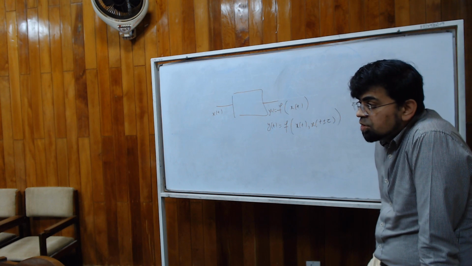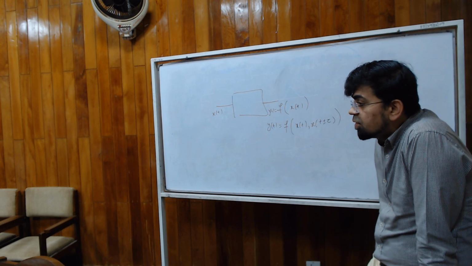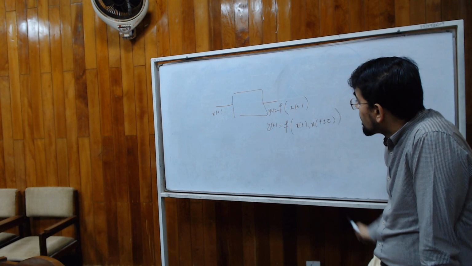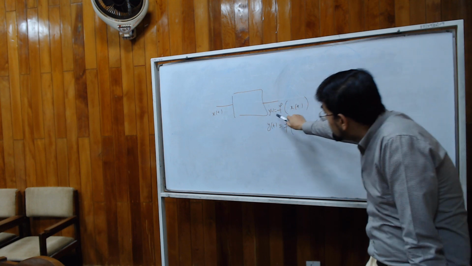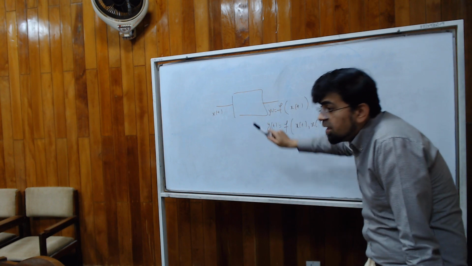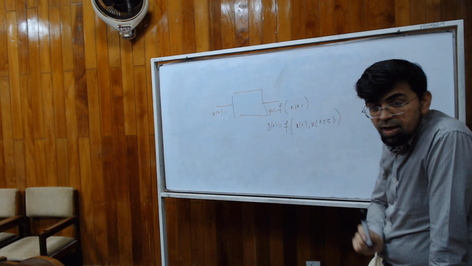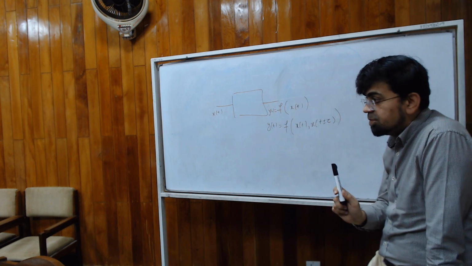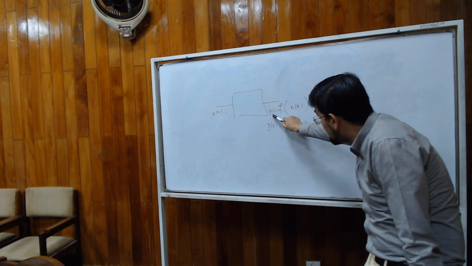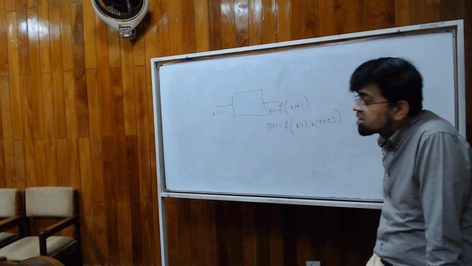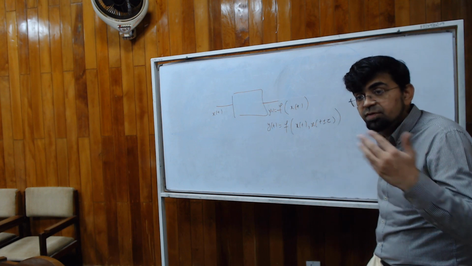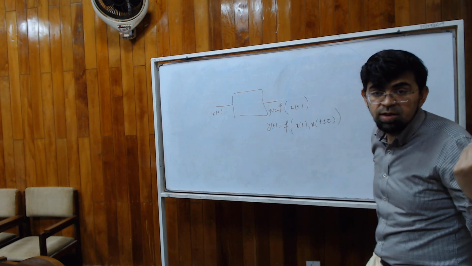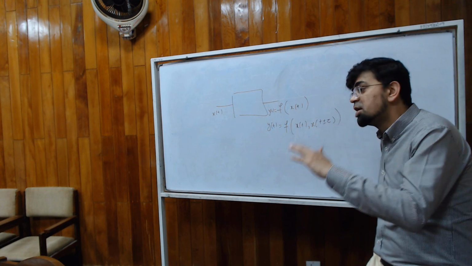If a system follows the first, the output at time t depends only on the input at time t. So y(5) depends only on x(5), nothing else, not on x(4), the value of this signal one instant before or one instant after.